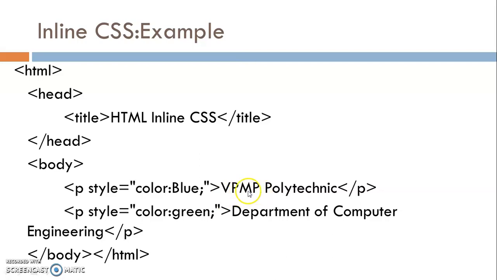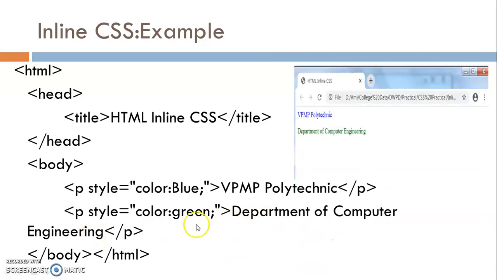So only this tag is displayed in blue color, and here I write color equal to green. So Department of Computer Engineering is displayed in green color. This is the output of inline CSS.